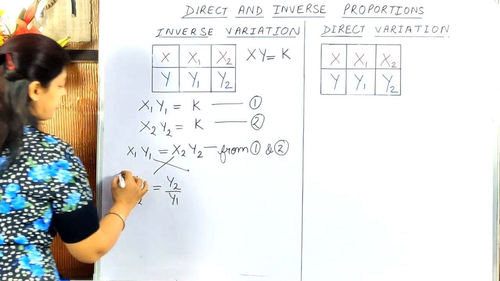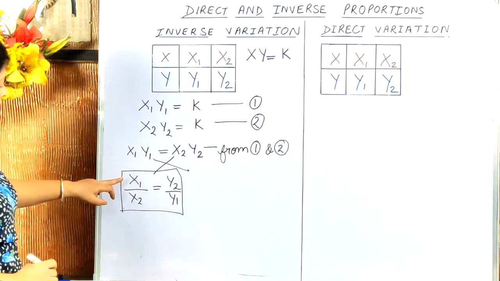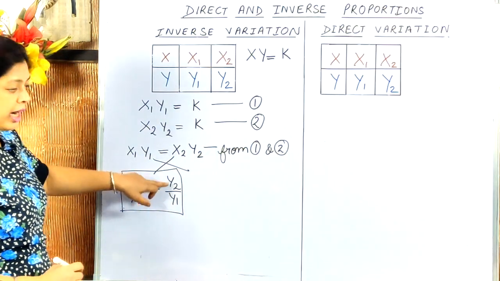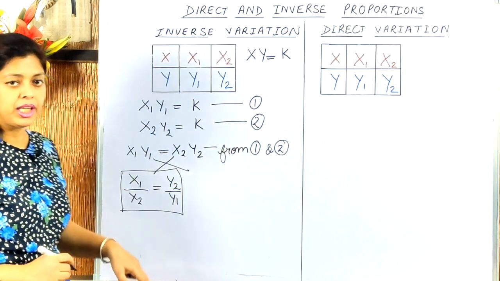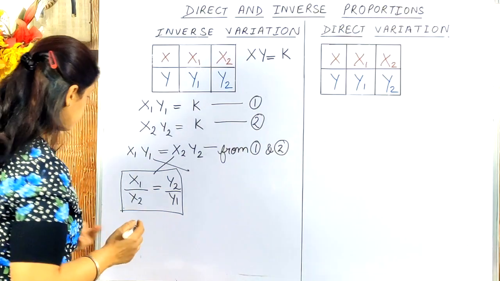Now here is the difference between direct and inverse variation. x1 upon x2 is equal to y2 upon y1, whereas in case of direct variation it will be x1 upon x2 is equal to y1 upon y2.